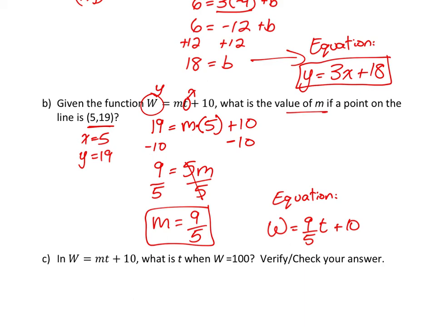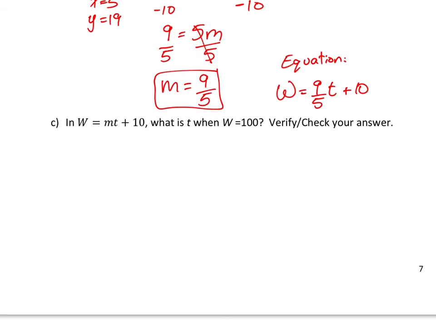In part C, it says in w equals mt plus 10, what is t when w equals 100? So using the equation above where we found the slope, we do need to use that. W equals 9/5t plus 10.